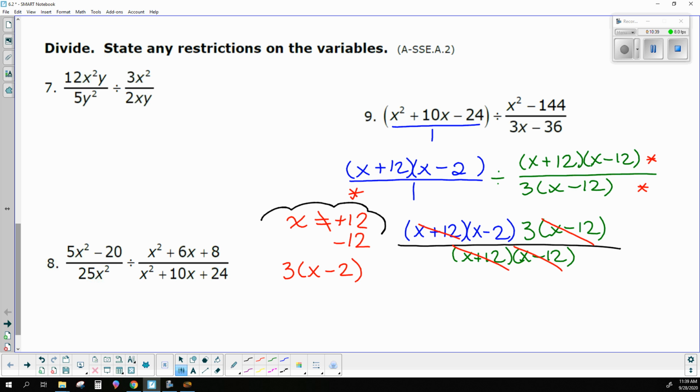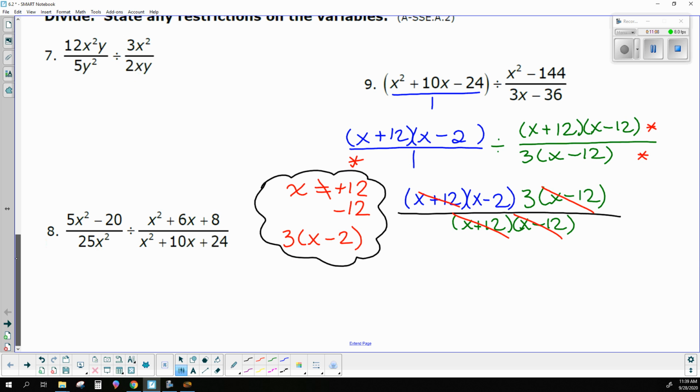Our final reduced answer is 3 times the quantity x minus 2, with the restrictions that x cannot be a positive or negative 12. Okay? So again, the only tricky part is you must reciprocate that second fraction. And when you do that, both the numerator and denominator act as a denominator at some point in time, so we need to watch out for our restrictions.